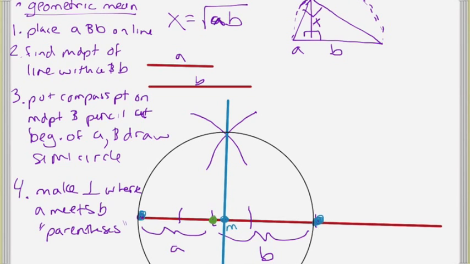And then open up your compass a little bit wider. And from the parentheses, make marks. So I get an X to connect and make a perpendicular.